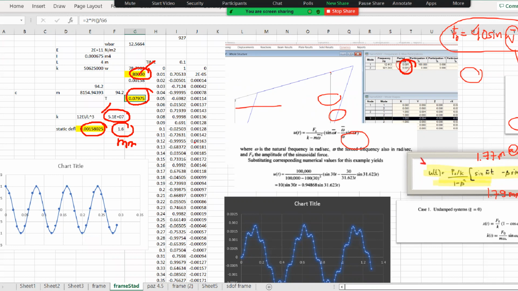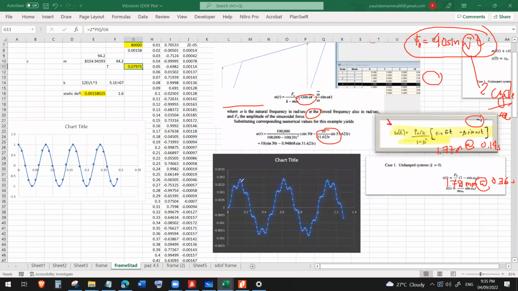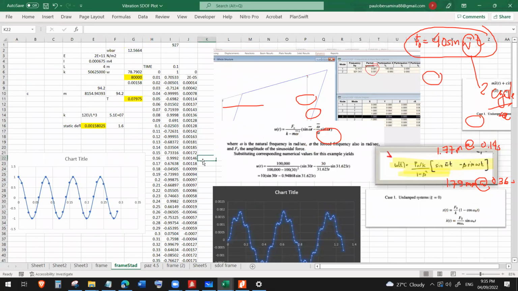Now, you will observe that the maximum deflection is about here, 1.7. By the way, omega bar is this because 2 cycles per second corresponds to, 1 cycle is 2 pi rad, so 2 pi per second.